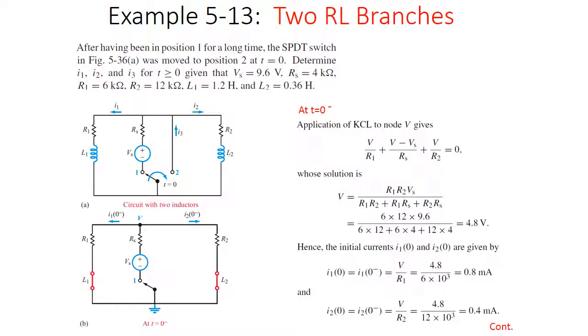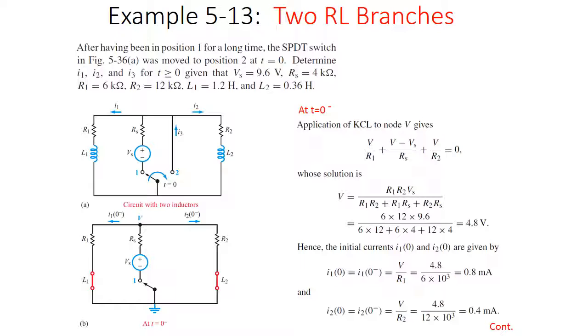And we can calculate this all out right now, because it's essentially just a voltage source with three different resistors. So we could calculate what our initial conditions are. If we look at node V right there, we're going to do KCL. We're going to add up the currents in and the currents out at that node, because remember, current in has to equal current out.